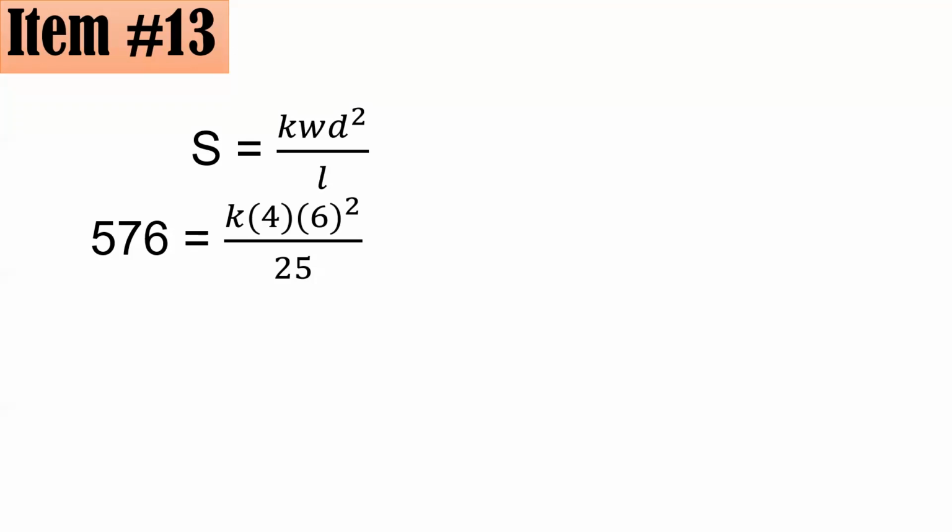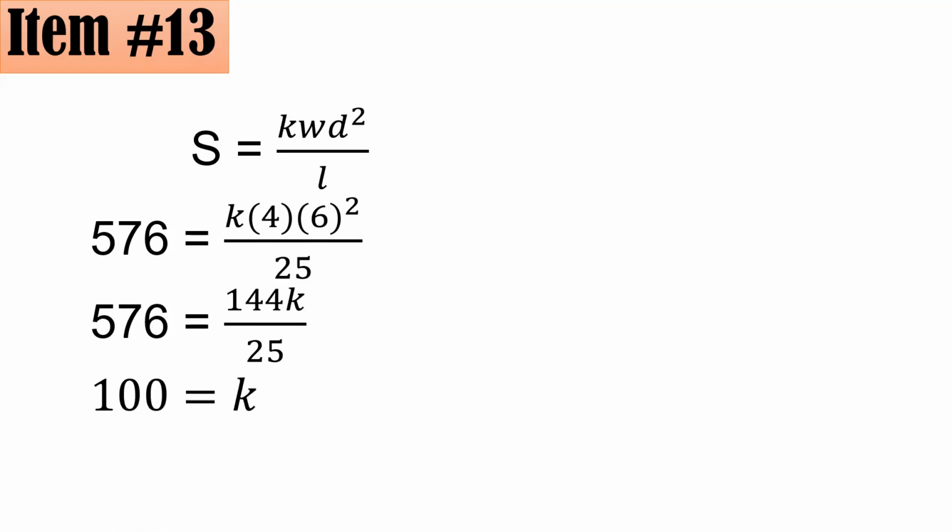The purpose po nito is for us to solve for our K or our constant of proportionality. With such, I simplified the 4 times 6 squared times K into 144K. And you can solve the K, 576 times 25, and divide it by 144. That gives you K as 100.